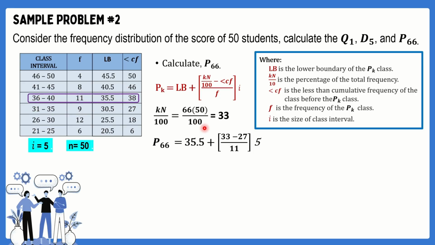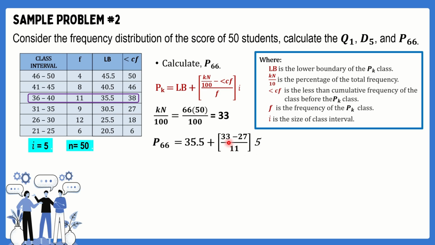So let's substitute the values we have here. P sub 66 is equal to 35.5, this is our lower boundary, plus 33 minus 27, our less than cumulative frequency from before, over 11, which we get from the frequency, times the interval.